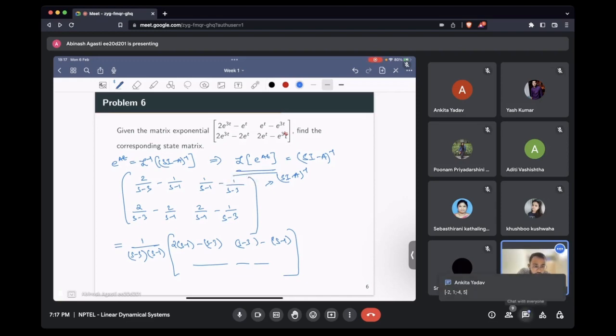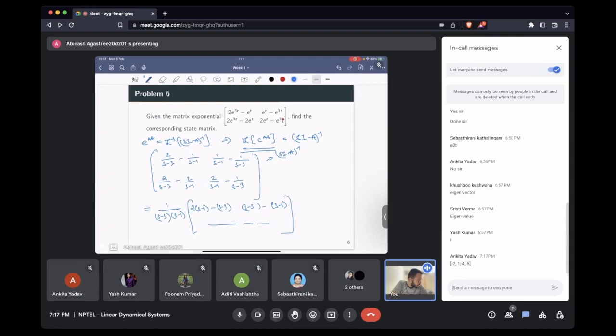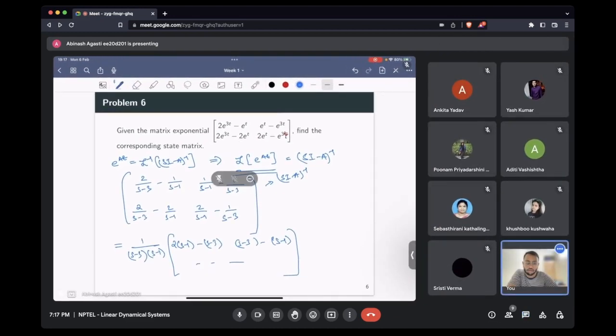Now we'll get an sI minus A. Okay, we have an answer, minus 2, 1, minus 4, 5. Okay, I'll have to try that. Just a minute. Can you just tell me the steps that you've got?